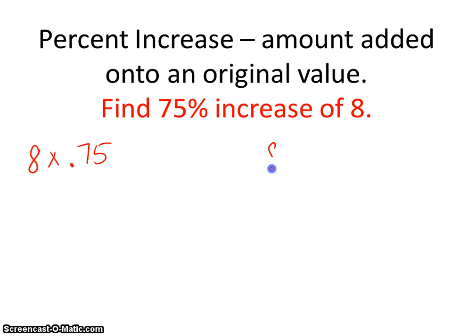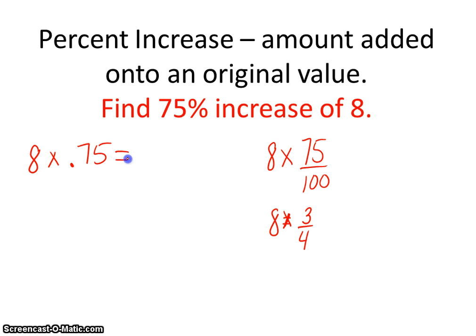Or I can take 8 and multiply it by 75% as a fraction. Now 75% as a fraction can be simplified to 3/4. That's going to make multiplying much easier.